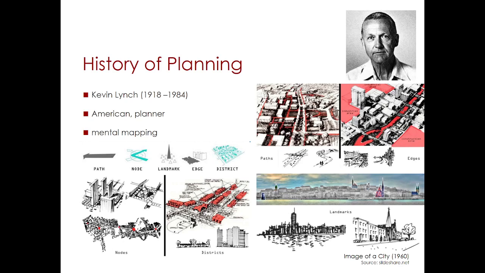These paths, nodes, landmarks, edges, and districts helped citizens identify different parts of the city and navigate it. His argument was, if a city has a proper image, it becomes more friendly and usable to the citizens and more meaningful to them.